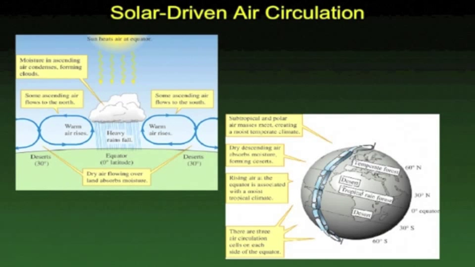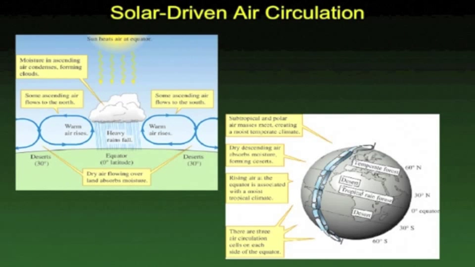Warm air can hold more water than cold air, so that as this warm air rises and it has lots of moisture in it, it'll start to cool down as it moves up into the atmosphere. And this cooling then causes condensation. As the water condenses, it's in that air, then it starts to fall out as heavy rainfall in the tropics.